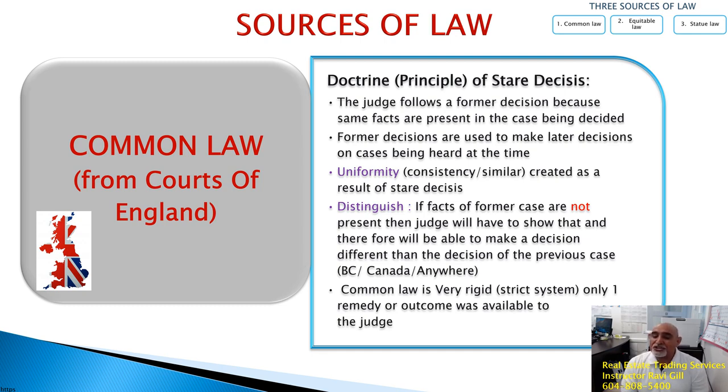Then the judge's job is to distinguish. Distinguish means to see if he can find facts that are crucial but slightly different. If the case is slightly different, then he will not use the same outcome.